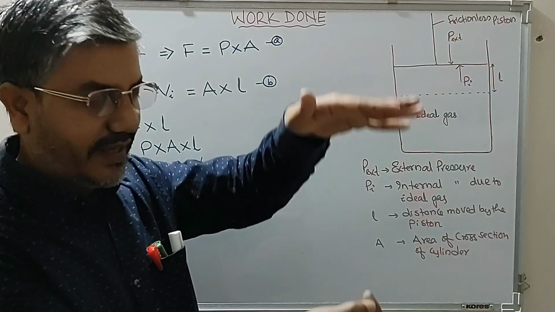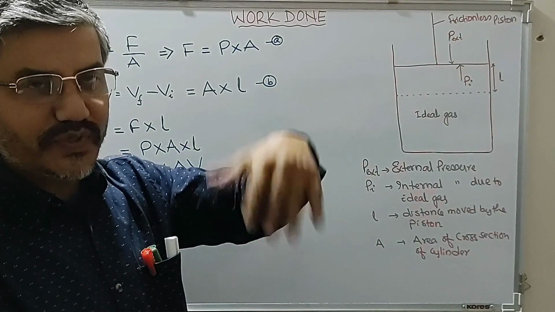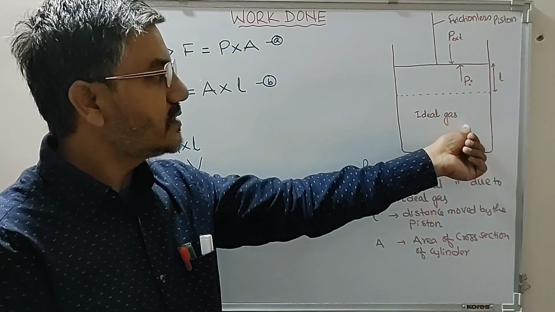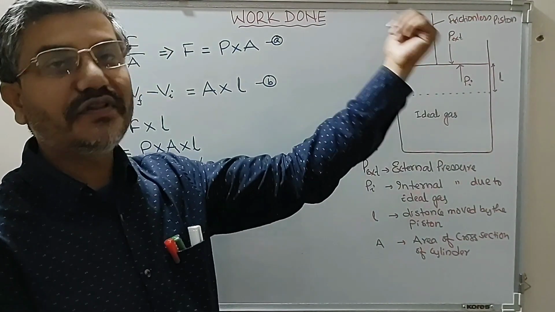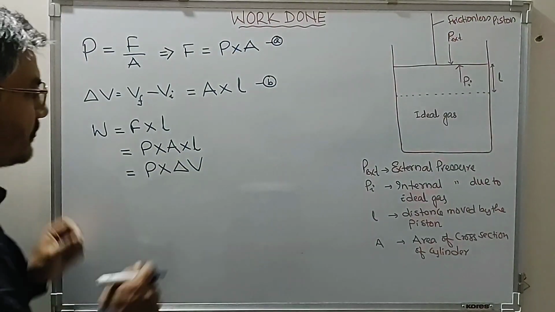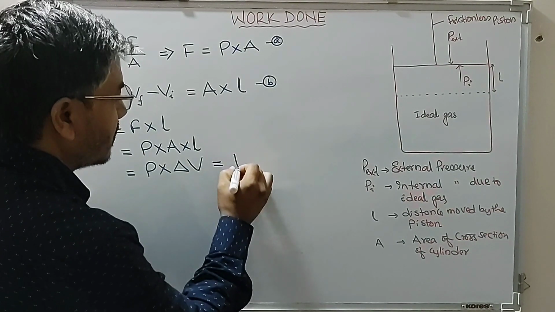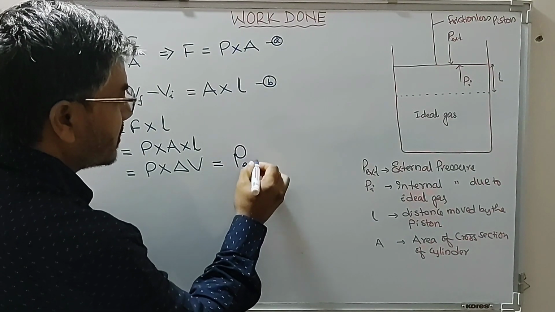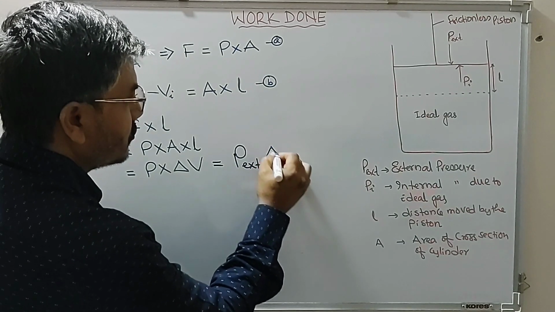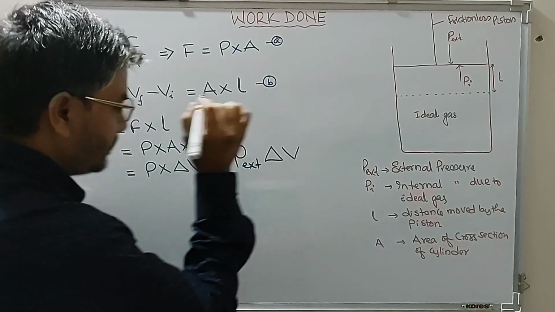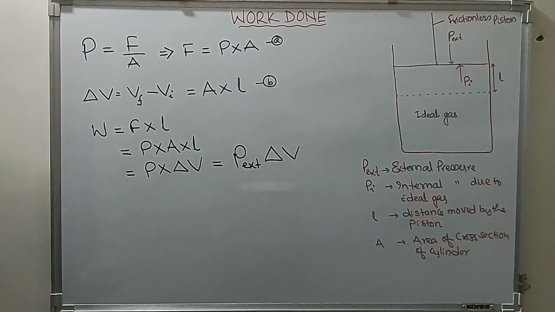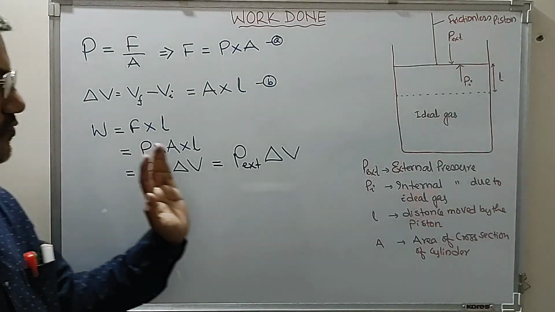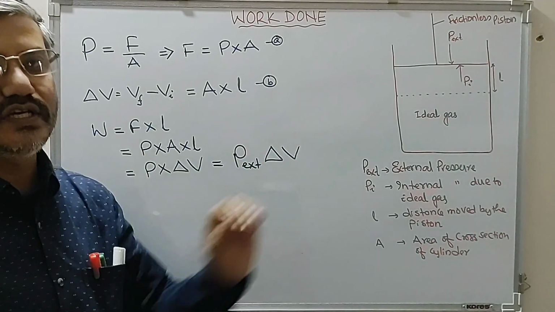So there is expansion work. Expansion work means work is done by the system on the surrounding. So work done is equal to P external into change in volume.